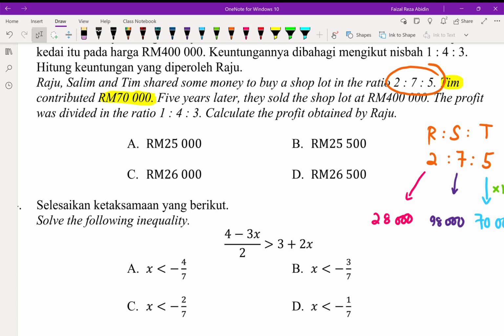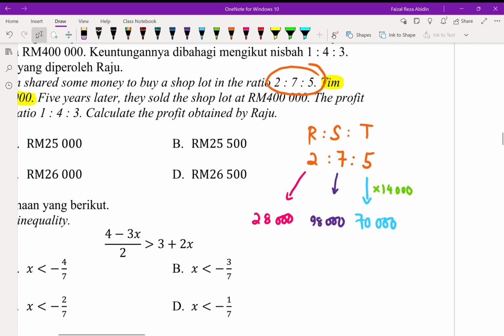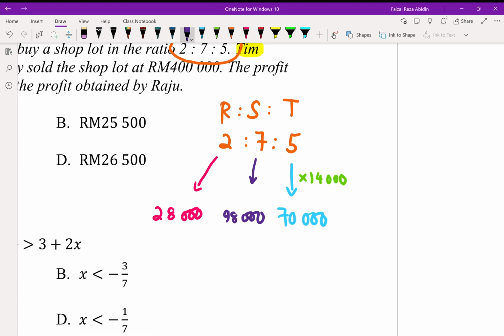So, how did we want to find the profit first? You are going to plus everything here first. Because this is the contribution money, isn't it? How did you calculate profit? How did you get profit? The value that you are going to sold or to sell minus with the money that you have by the properties, isn't it?